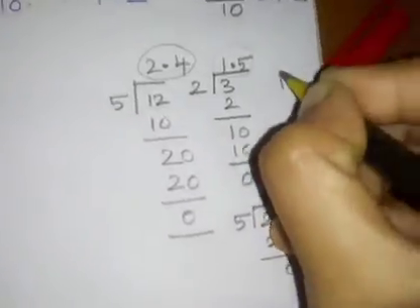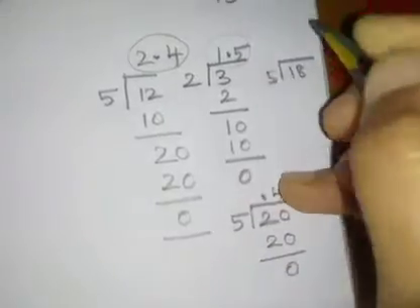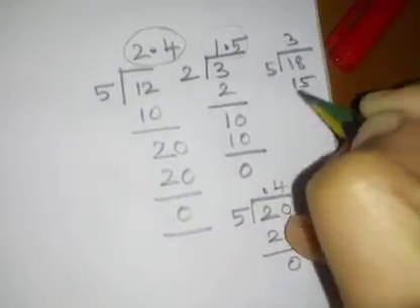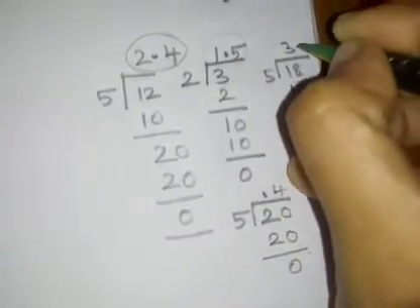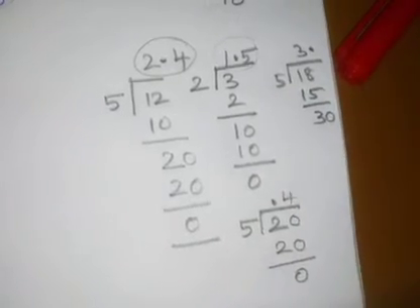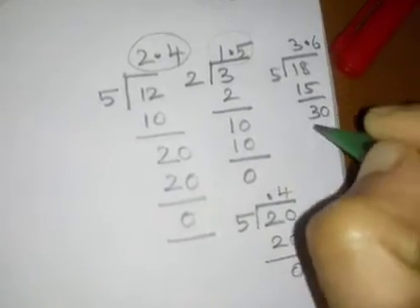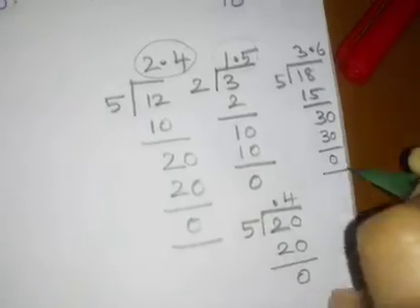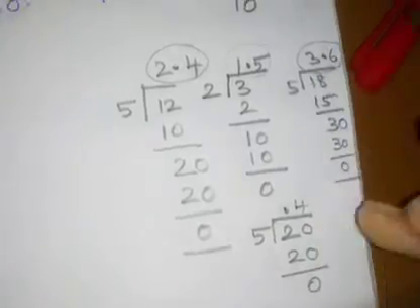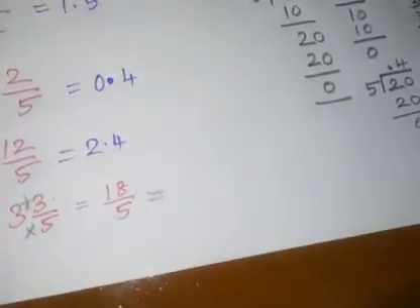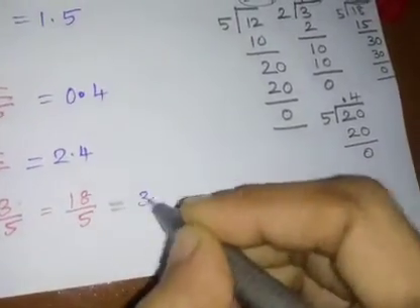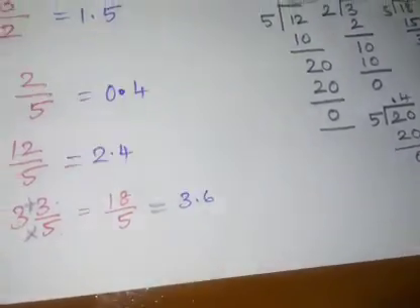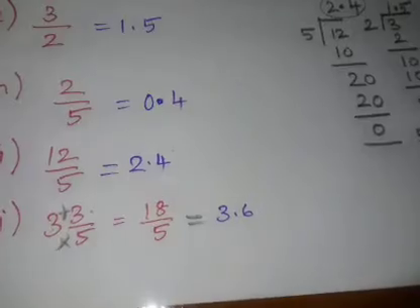So 18, 5. 5 threes are 15. Remainder 3. Put a decimal point, insert a 0. 6 fives are 30, remainder 0. So what is the decimal number you are getting? 3.6. Okay, 3.6 is your decimal number.